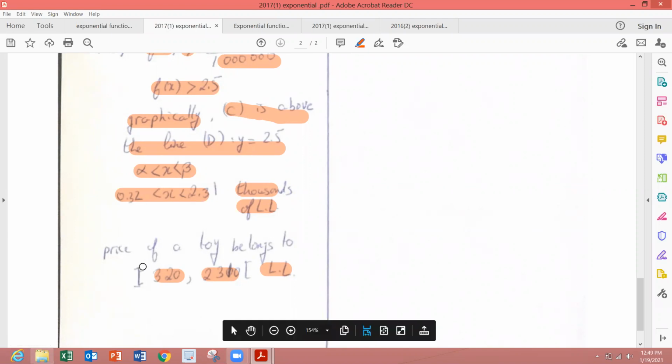Any questions? Is this interval open or closed? Open. Both of them are open.